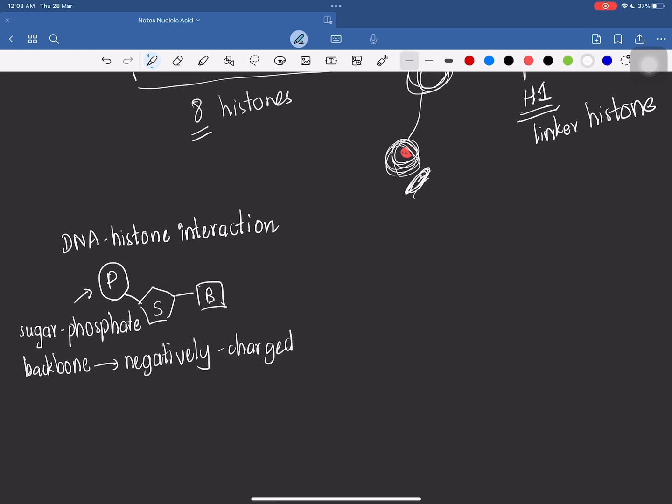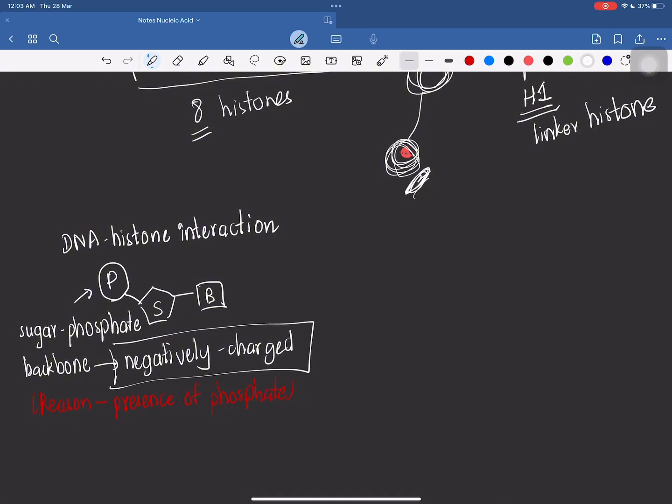The reason is the presence of phosphate. So this sugar phosphate backbone is negatively charged.